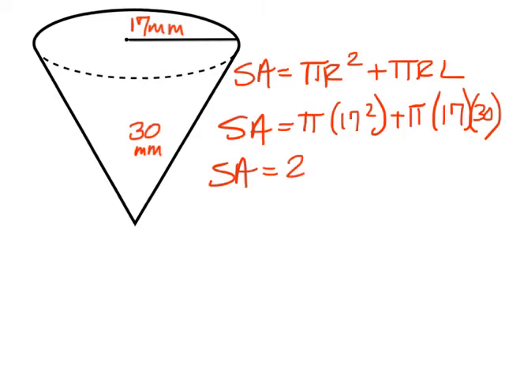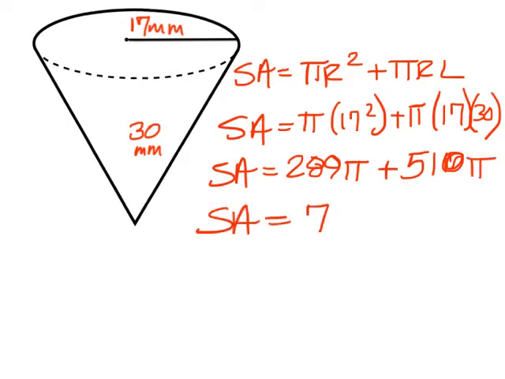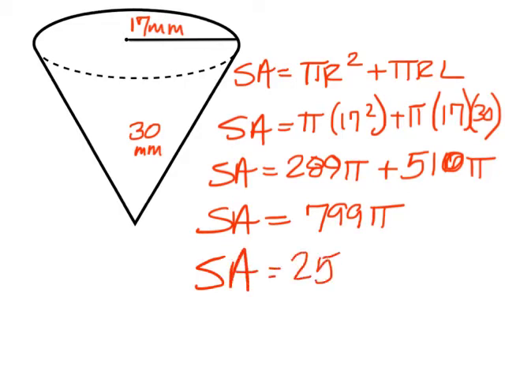Simplify to get 289 pi plus 510 pi. That's the same thing as saying 799 pi. So in the calculator, do 799 times pi and come up with the following answer: 2,510.13 millimeters squared.